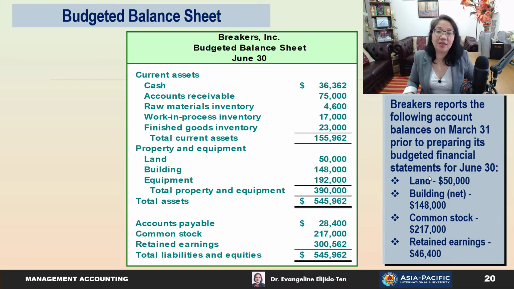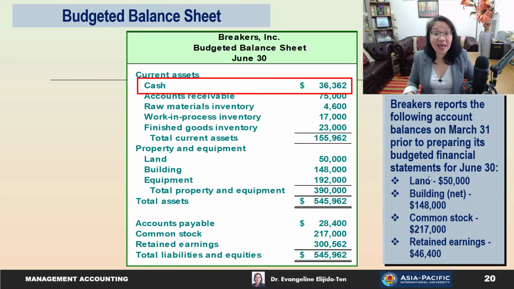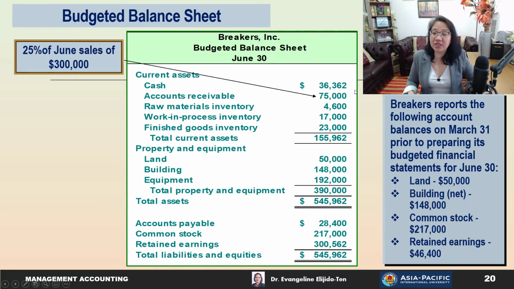We'll start with the current assets. Cash is taken from the cash budget. Remember that we had a $36,362 balance in the cash budget. The accounts receivable is 25% of June sales. Recall that 25% of June sales would remain uncollected as at the end of June.